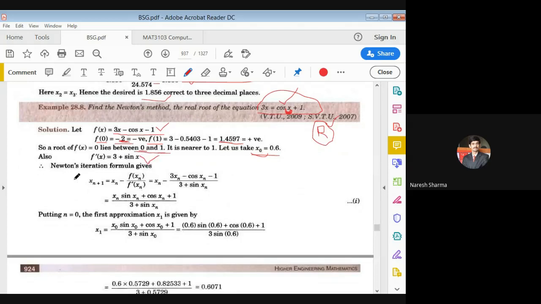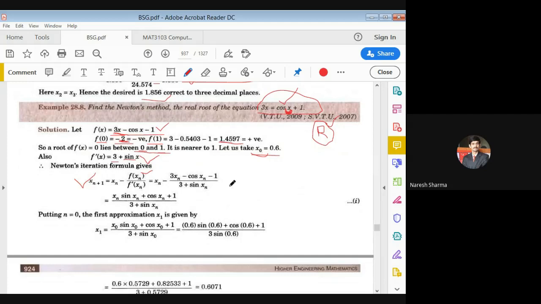Now Newton's iterative formula, the Newton-Raphson formula, says x(n+1) = xn - f(xn)/f'(xn). So put f(xn), that is 3x - cos x - 1, divided by the derivative. The derivative of 3x is 3, and minus cos x gives plus sin x.